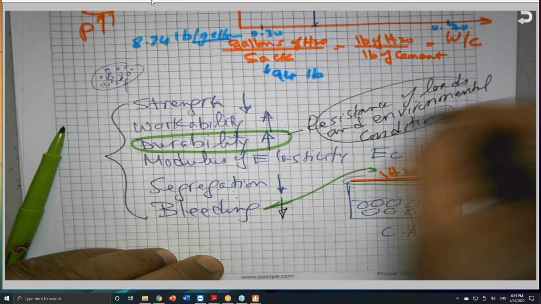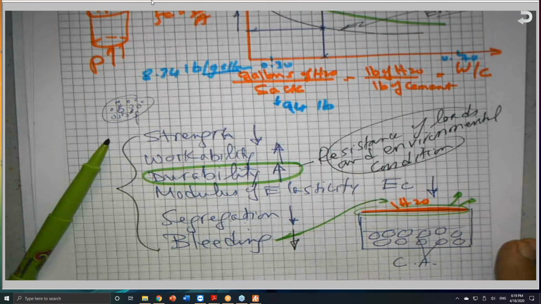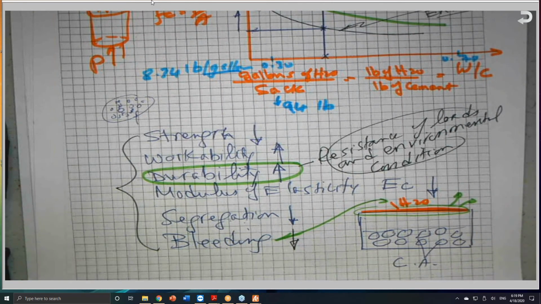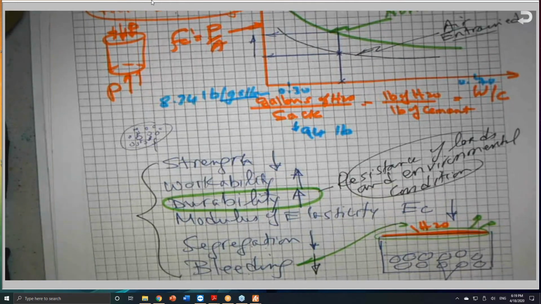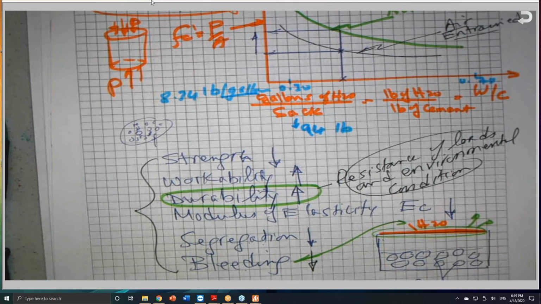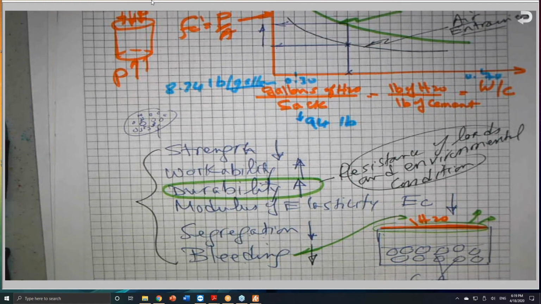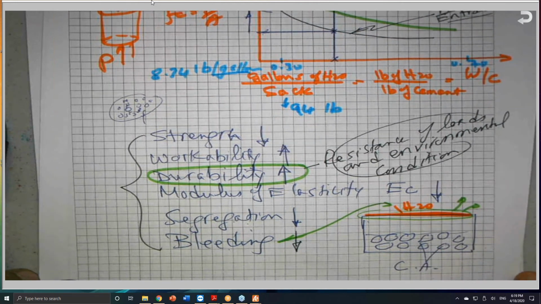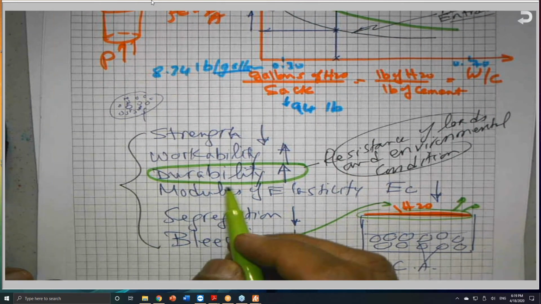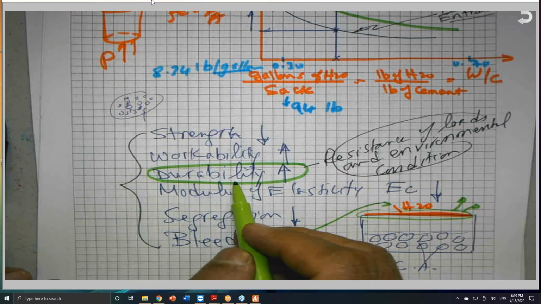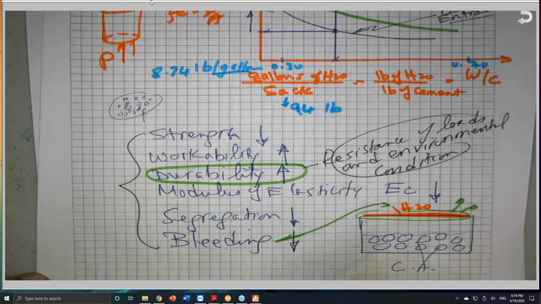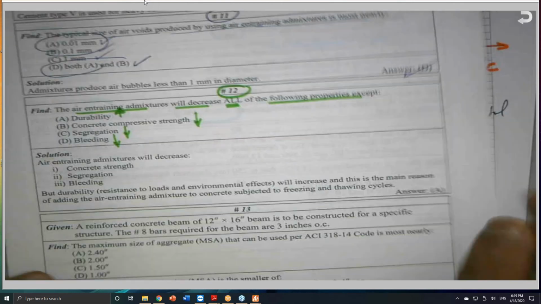When we have concrete in the northern states, any water entrapped in it will freeze during winter or cold weather, and when water freezes, the volume will increase, as you know, and will create some kind of cracks. So in order to increase the durability, which will make the concrete resist the environmental conditions, we are using air entraining admixtures, and you will find this is the answer here.